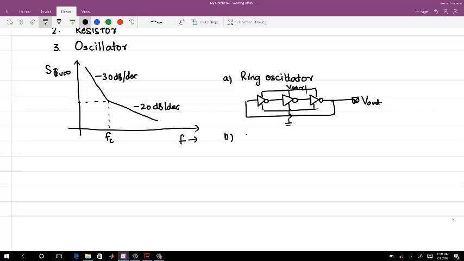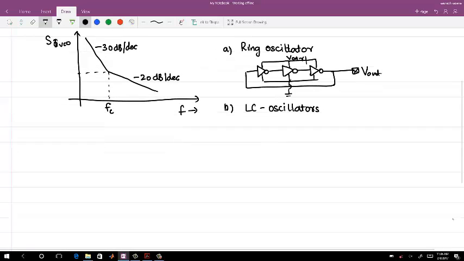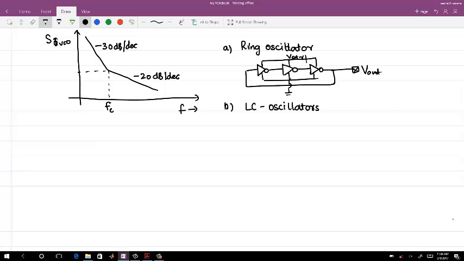Other kind of oscillators are LC oscillators, these are two very broad categories. LC oscillator is based on the resonance frequency of an inductor and a capacitor. Okay, and because any real LC comes with an unwanted impedance, which is, let's say, R, in order to have a sustained oscillation, you try to create a negative resistance.